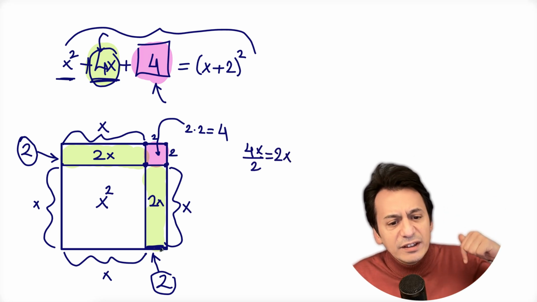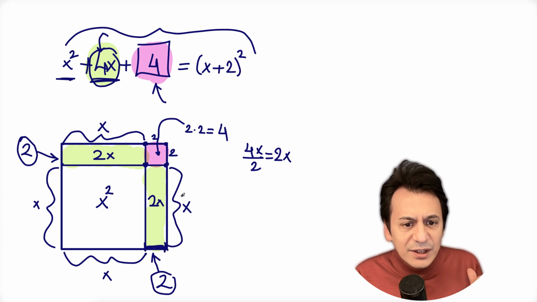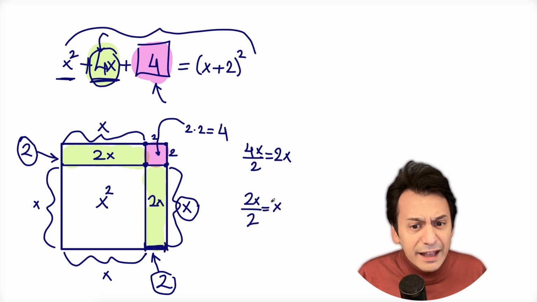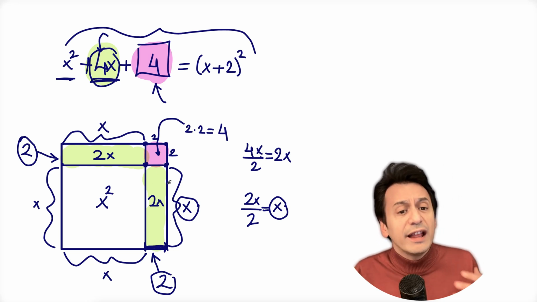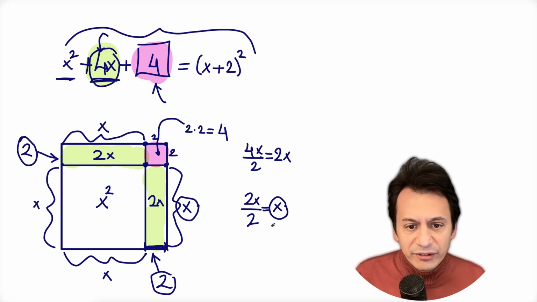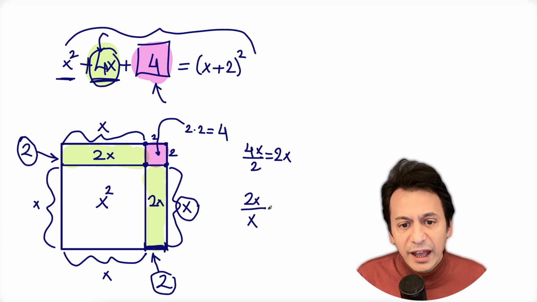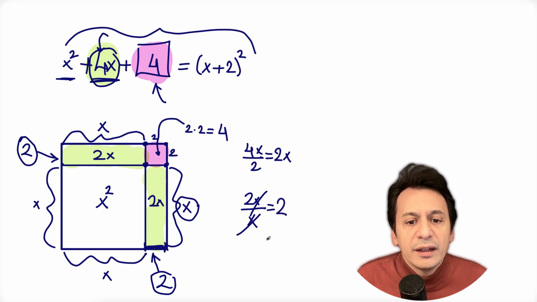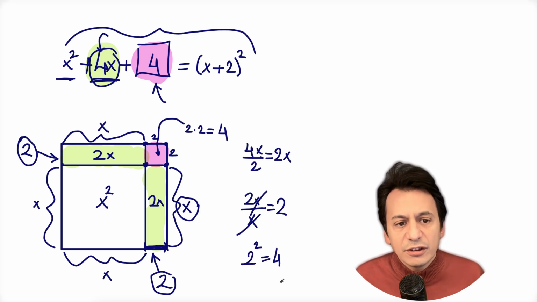And then in order to find the short side length of the rectangle, I divide it by x, and that equals the side length of the smallest square. Oh, sorry, I made a mistake here. I should divide 2x by x, and then it equals 2, right? Okay, and so I square it and find the area of the little square.